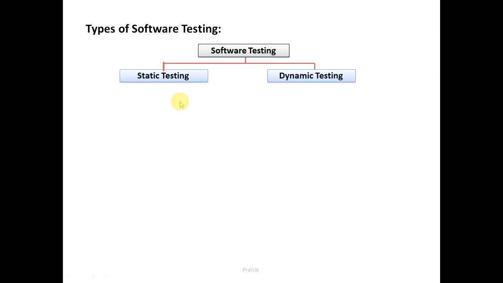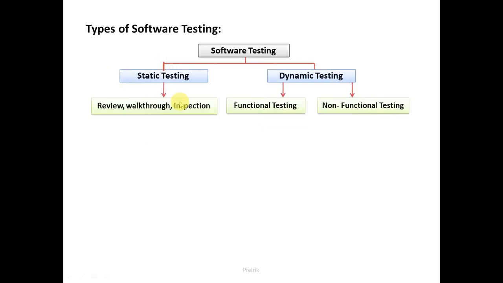So what does it mean? It means validating and checking the documents that were created before the coding begins, or even if the coding has begun, there are also certain ways of performing static testing on the code. Let's see how we can achieve it. The ways of performing static testing are review, walkthrough and inspection.